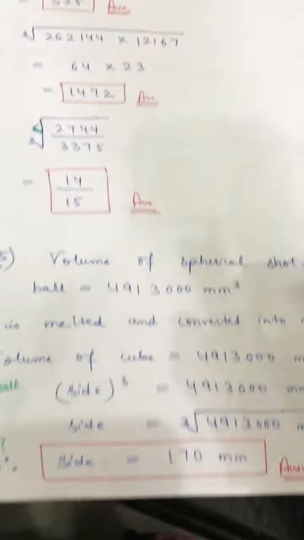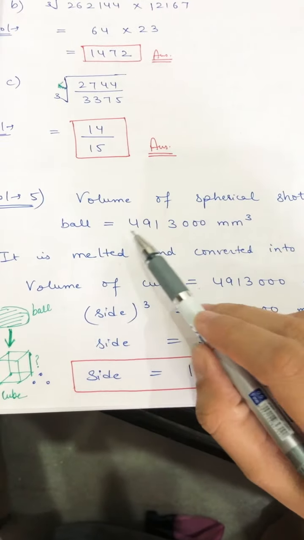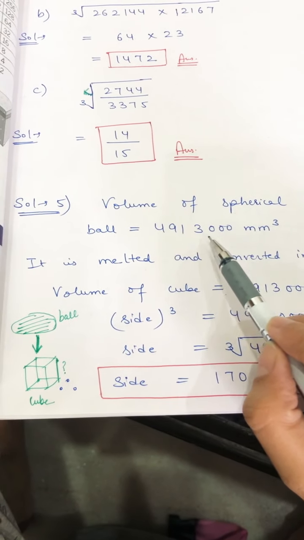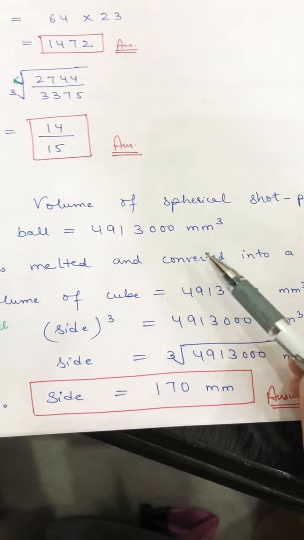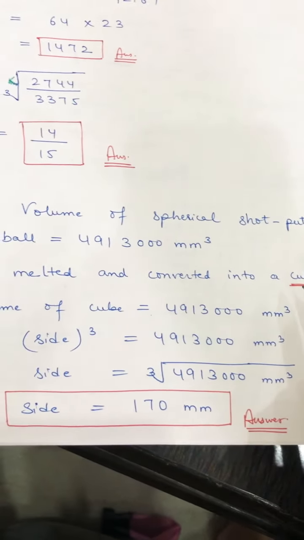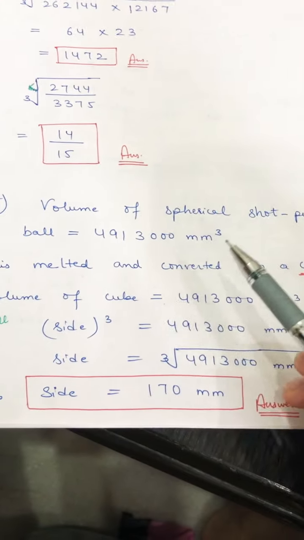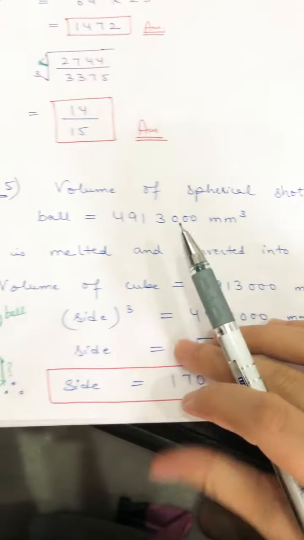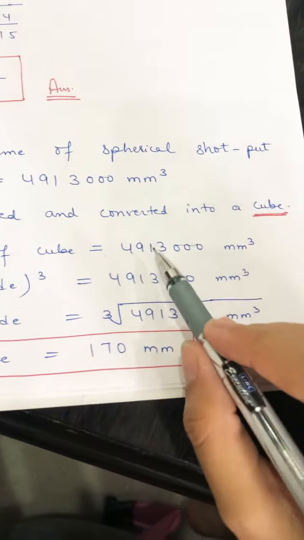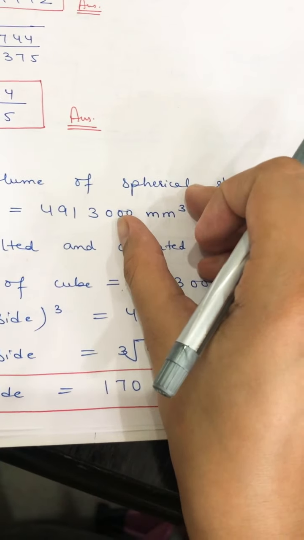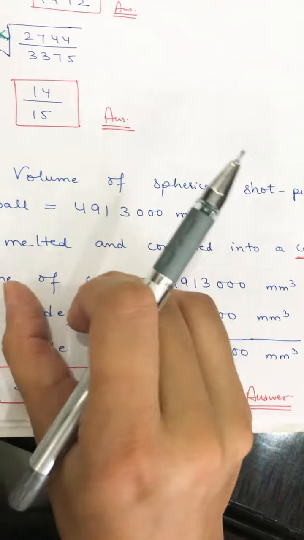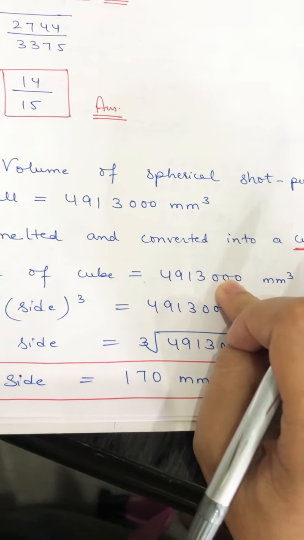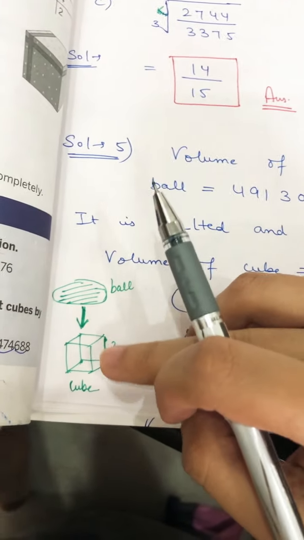So the volume of the spherical shot put ball is equal to 4913000 millimeter cube. It is melted and converted into a cube. If this ball is spherical in shape and is converted into a cube, obviously the volume of the cube will be the same, because now the ball becomes a cube.